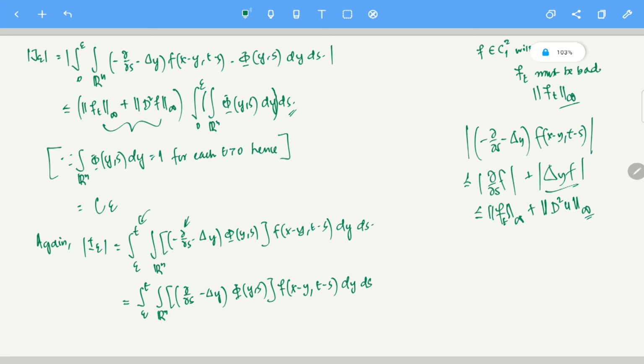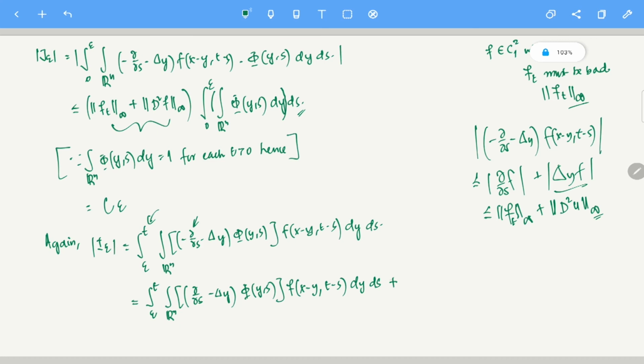I have the boundary terms now. On the boundary, plus integral over Rn of phi of y, s, where in this case the boundary term is epsilon: f of x minus y, t minus epsilon, dy, right?